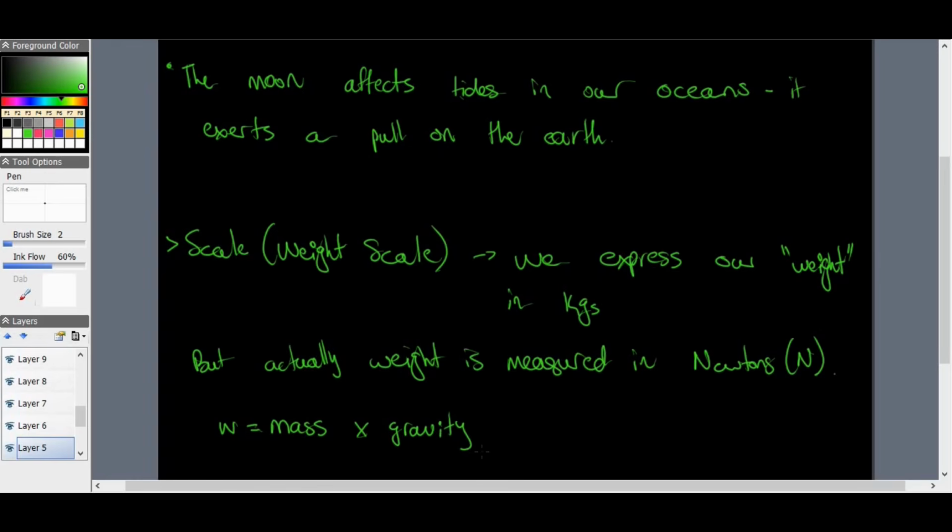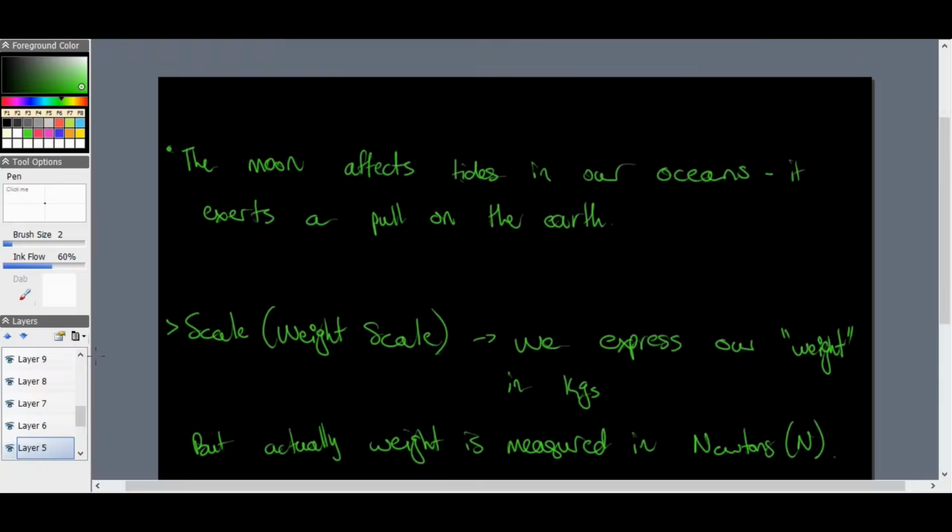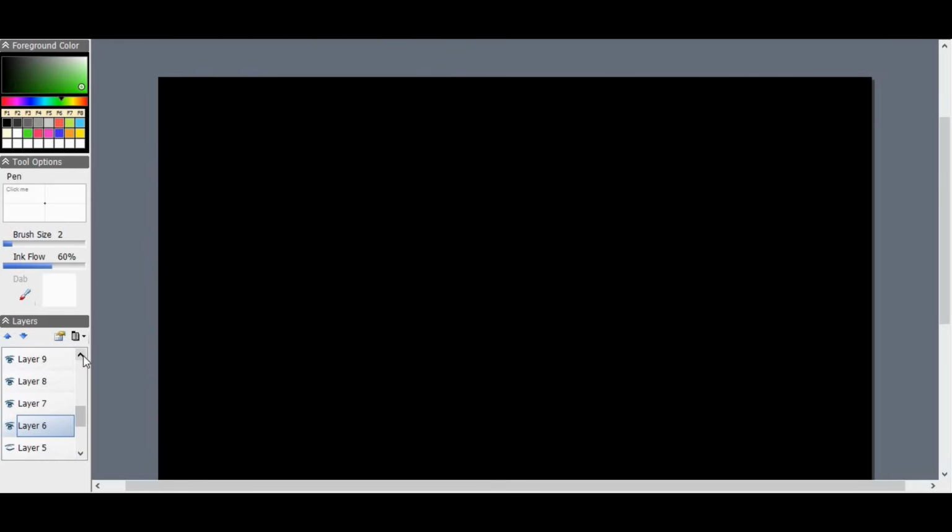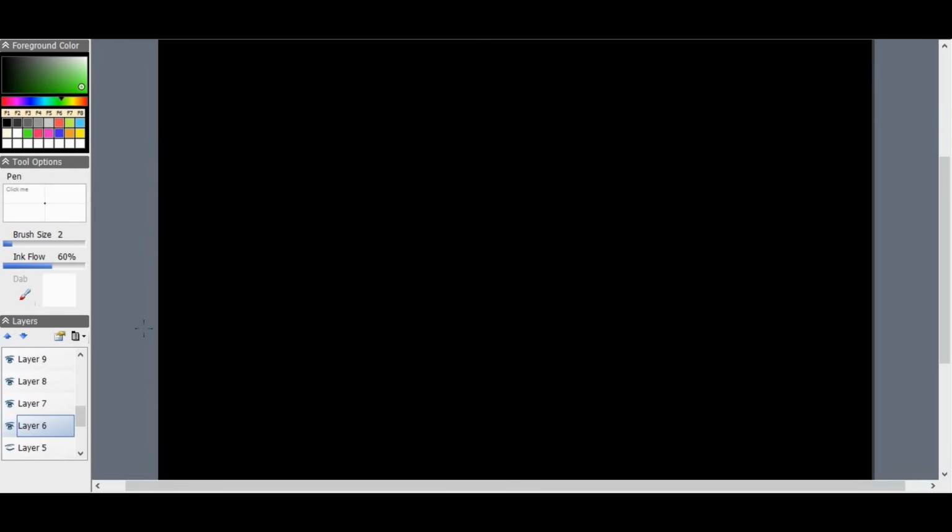And I still got 10 minutes, so I can still carry on talking about this. When it comes to mass, what's very important is that on any planet or on any surface, mass will remain the same. Mass will remain the same no matter where it is weighed.